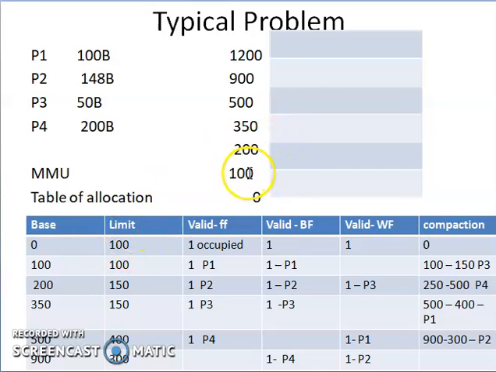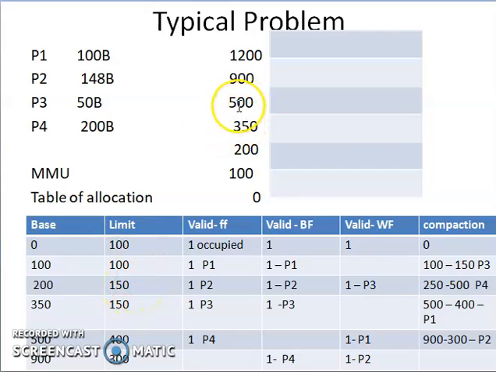Then the next block starts at 100, ends at 200, so the limit is 200 minus 100, which is 100. So the block base is at 100 and the limit is also 100. Then the next block starts at 200 and ends at 350, so 200 is the base and 150 is the limit, that is 350 minus 200.